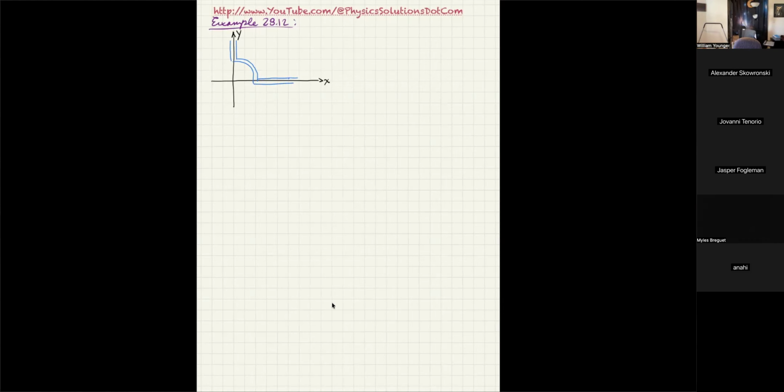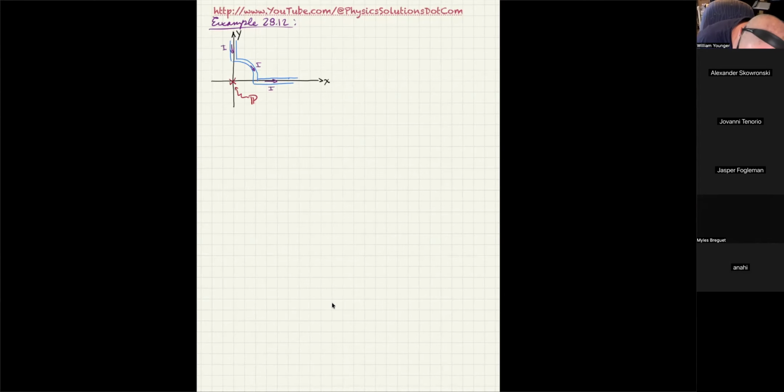So what we have is basically a current going downward, and then a current going this way, and then a current going this way. And what we'd like to do is calculate the magnetic field at that point P right there, where z equals 0, in other words, at the origin. So that's what we're going to calculate.